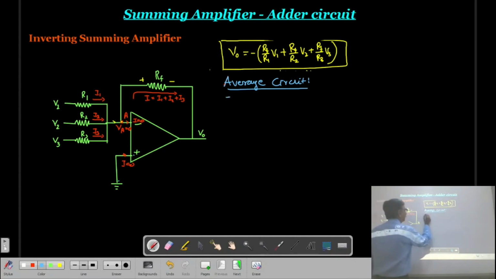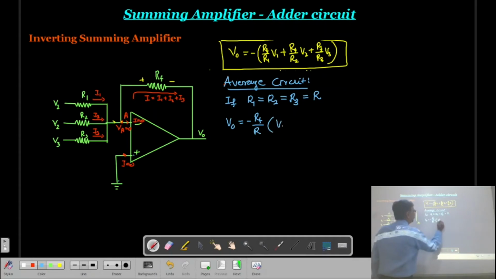If R1 is equal to R2 is equal to R3, and let us say this is R, then I can write this expression as VO is equal to minus RF by R into V1 plus V2 plus V3.